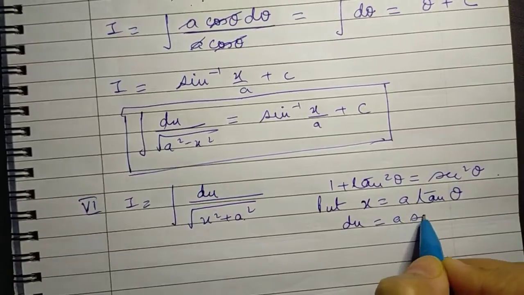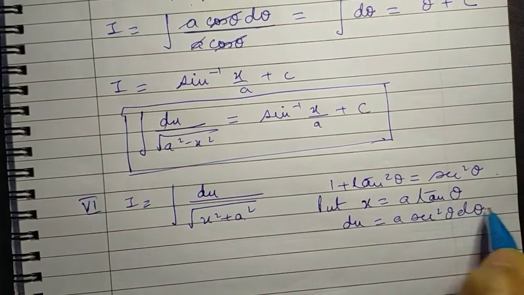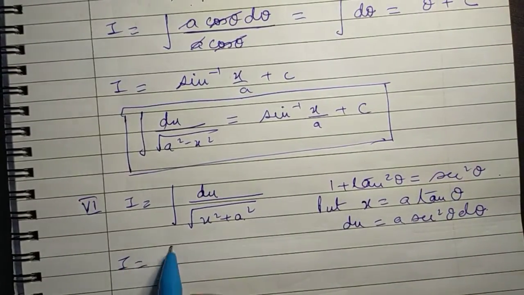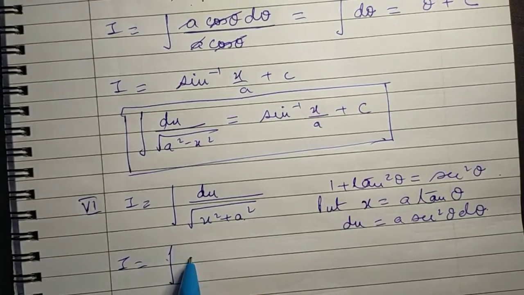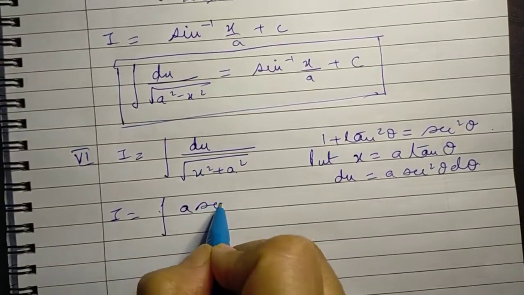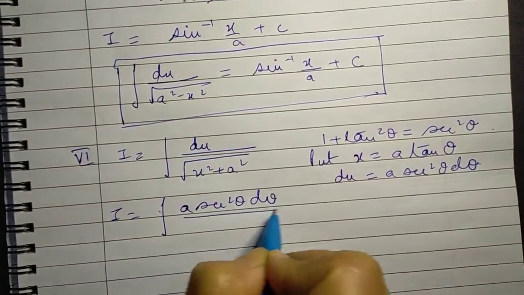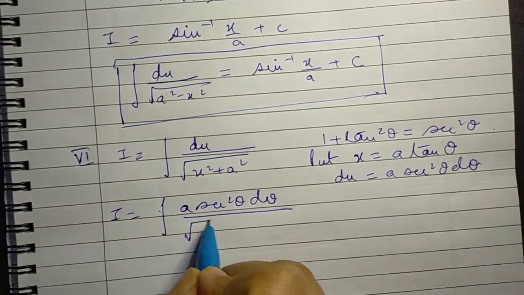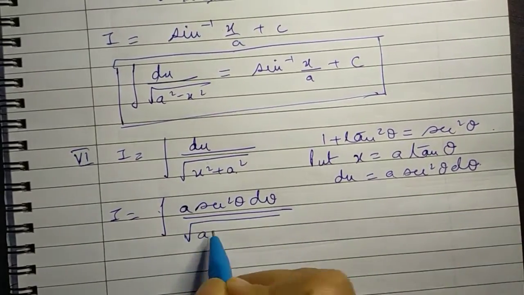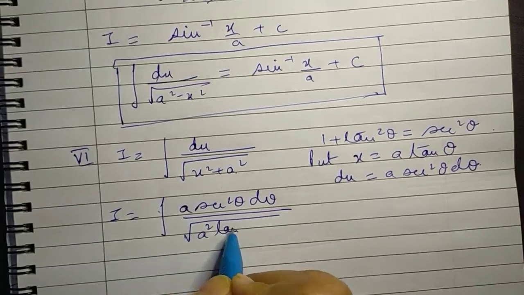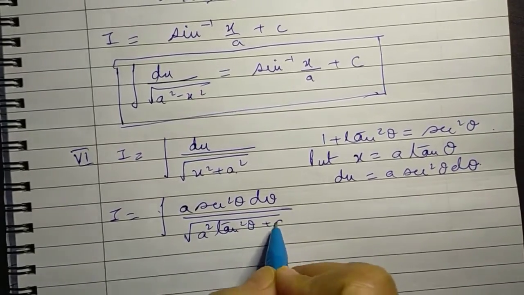So dx becomes a sec square theta d theta, and substituting, in place of dx we write a sec square theta d theta whole upon square root of, instead of x we write a tan theta, so a squared tan square theta plus a squared.